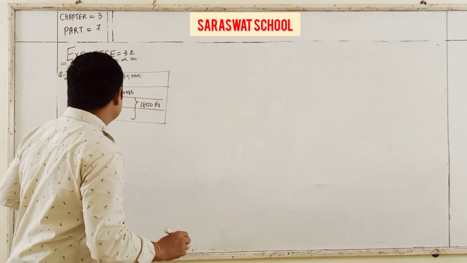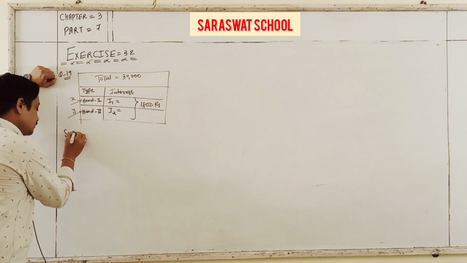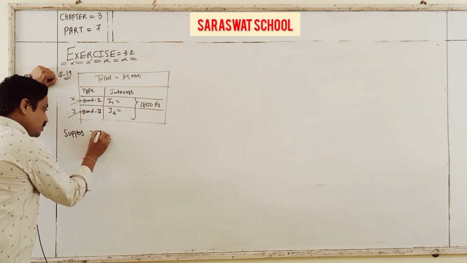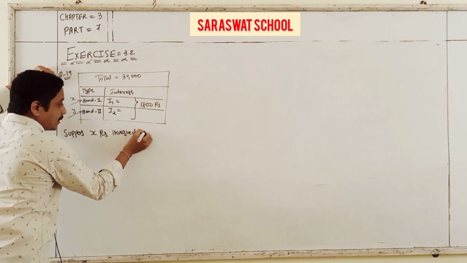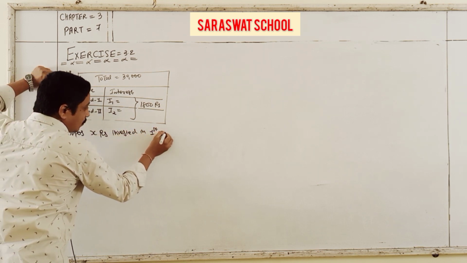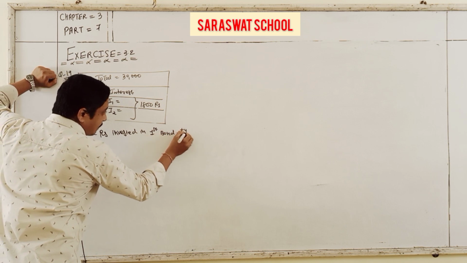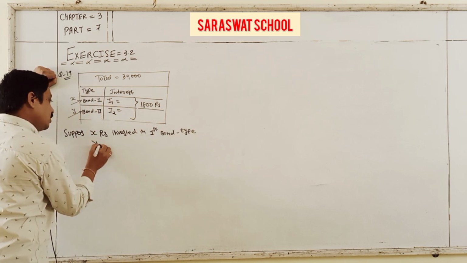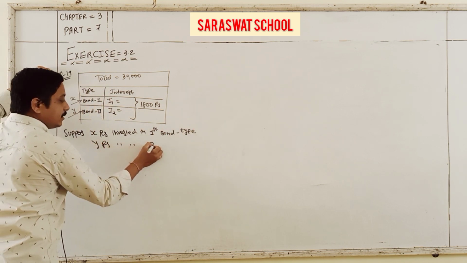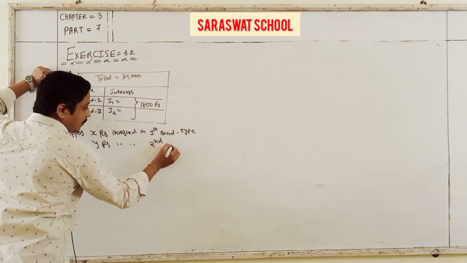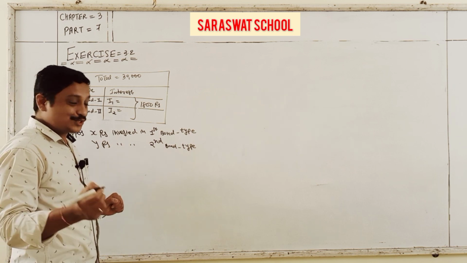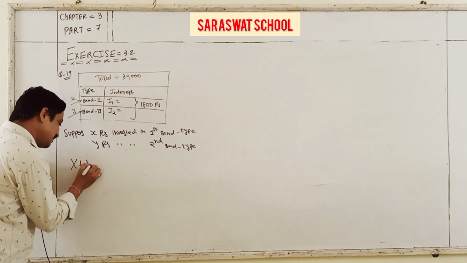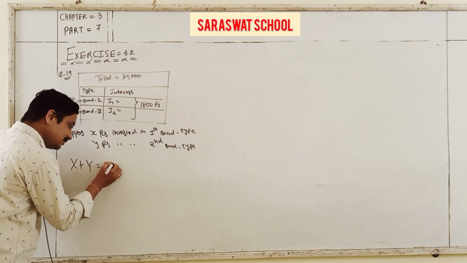I just start my sum. Suppose X rupees are invested in the first bond type and Y rupees are invested in the second bond type, and the total you invested in X and Y is 30,000.